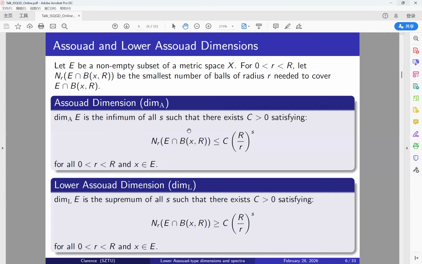These two Assouad-type dimensions focus more on the local settings, on a certain local piece of the set, instead of the global things. So, roughly speaking, you can treat it as the local Minkowski dimension.